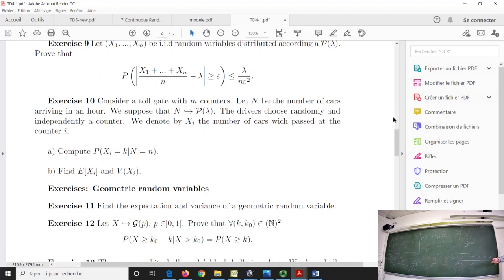Contrary to what happens here, because here my reasoning works. Lambda over n goes to 0, 1 minus lambda over n goes to 1, and I have a fixed power here, k, let's say square, cube, or something like this. And this way it works, because my k is fixed, and the power k function is continuous, so if I have something inside that goes to 1, if I take the power, I will obtain 1.